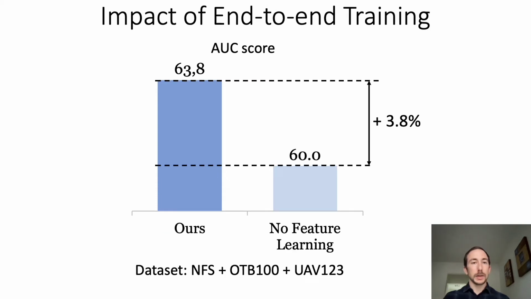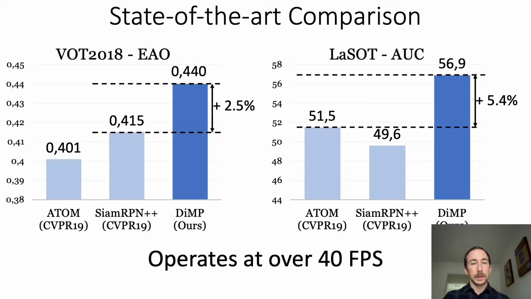We also observe that end-to-end training, which we couldn't do in the ATOM tracker, is in fact extremely helpful. Again, at the time we achieved state-of-the-art results, and particularly interesting were the results on the LaSOT dataset, which contains very challenging and long-term sequences.